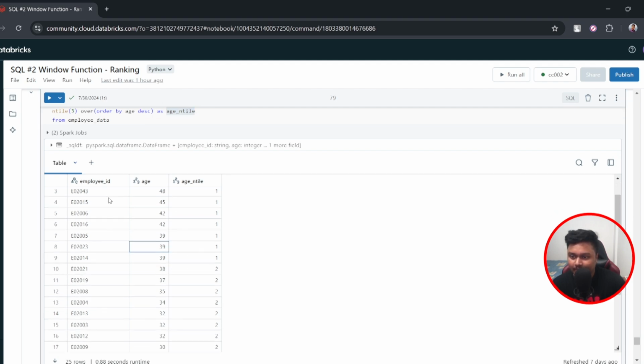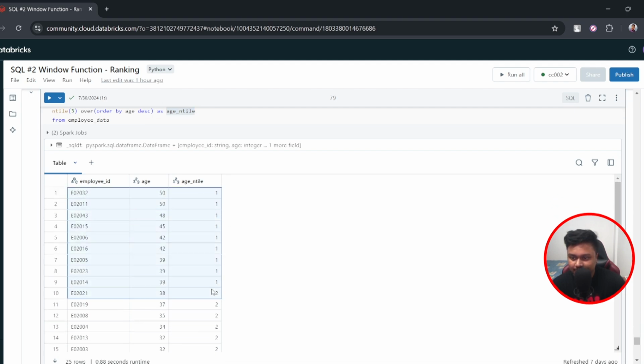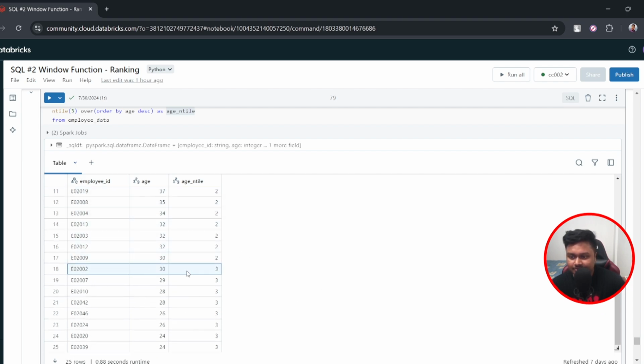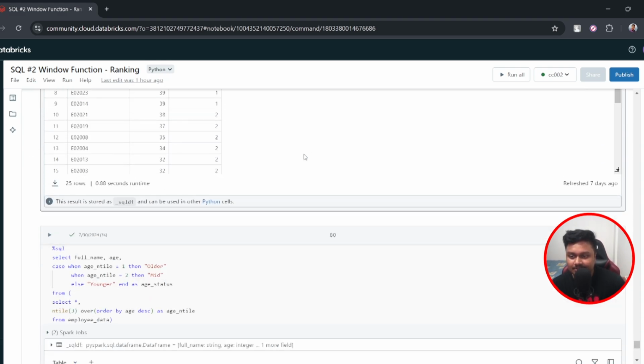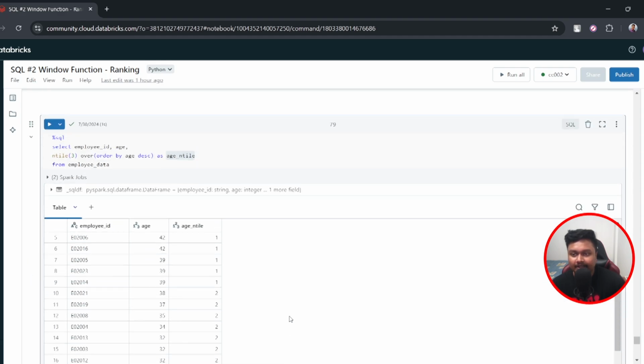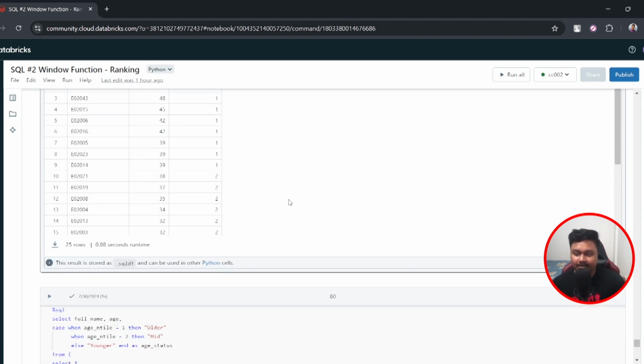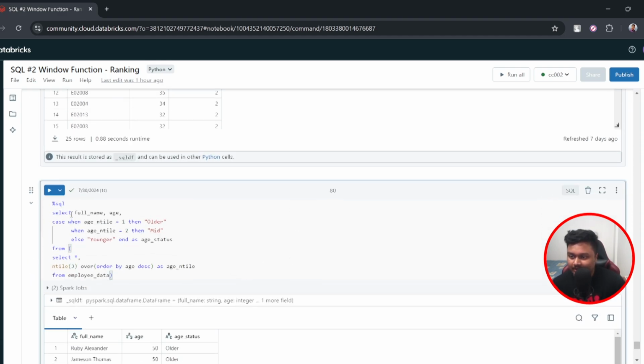So these are all the employees who are the oldest. So they fall under the older category, that is bucket number 1. Then there are mid-aged people who fall under the bucket number 2, and the youngest fall under this bucket. So now that we have our age Ntile defined, let's check out how we can name the columns like older, mid, and young. So here you can see what I've done.